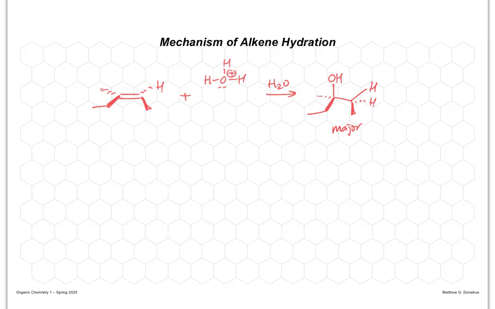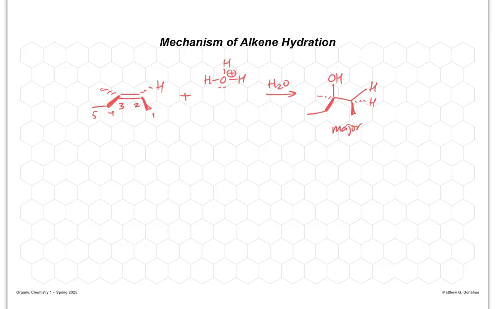The pi bond of the alkene is going to act as a nucleophile. It's going to supply 2 electrons that will react with that acid. So I'm going to just number this 1, 2, 3, 4, and 5. That's the numbering of the chain.